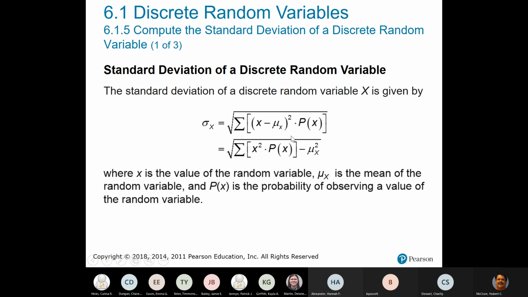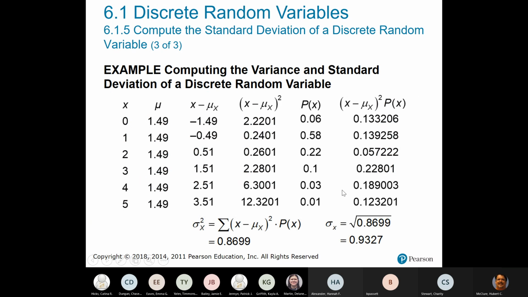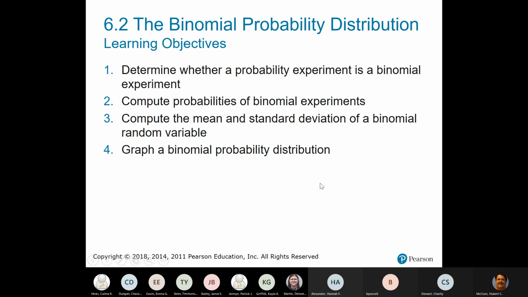They're using this formula, and I use this formula because I think it's easier, but that's just me. So I don't use this formula. I use this formula. That's it for 6.1.